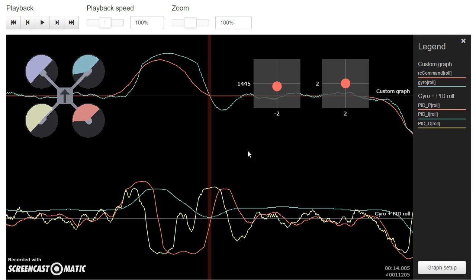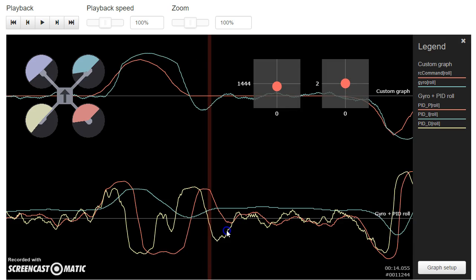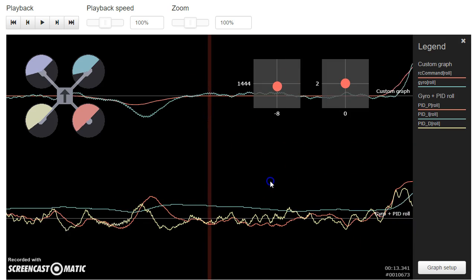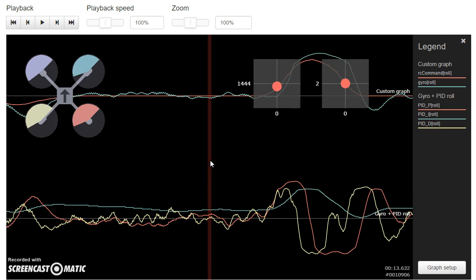That again suggests to me that the D term may be the place to look for the answer, because the D term leads the P term. Right now we're exactly hitting our mark and overshooting, and it may be the case that increasing D will head off that overshoot and allow us to slide into home instead of overshooting. So that's the direction I'm looking at.